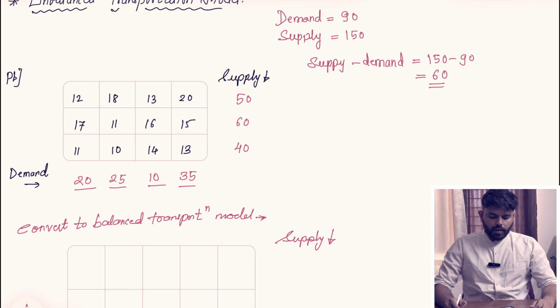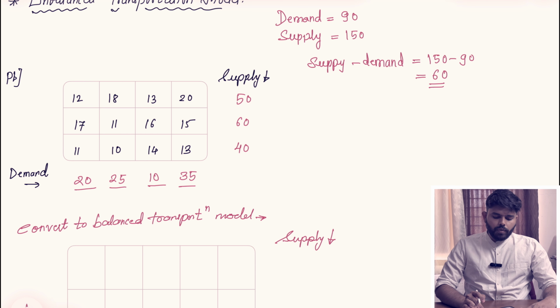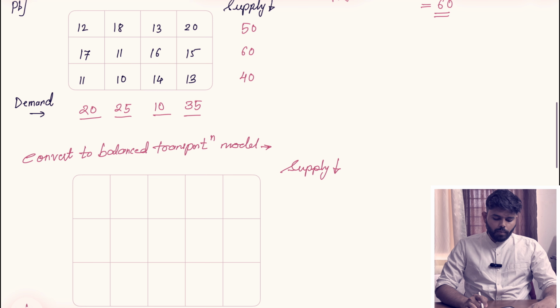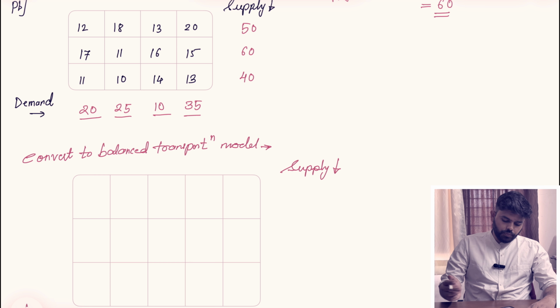So to make demand equal to supply, we need to add one column. So that's why this 3 by 4 matrix will be converted into a 3 by 5 matrix, where we will be adding one column whose demand will obviously be equal to 60.